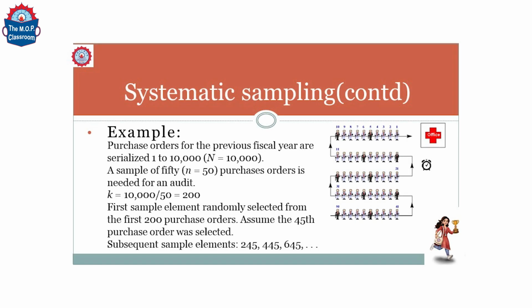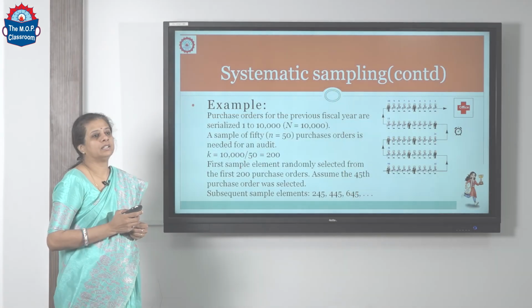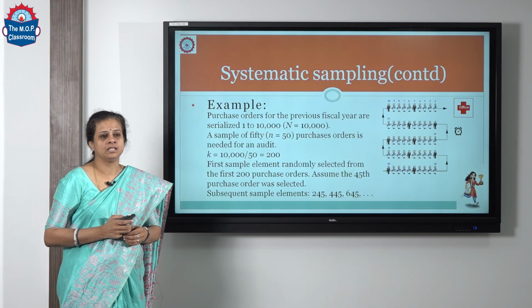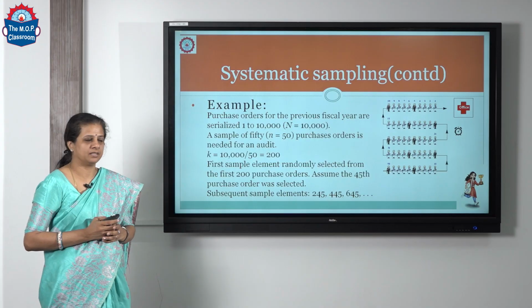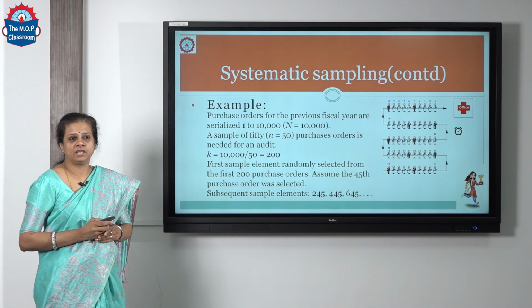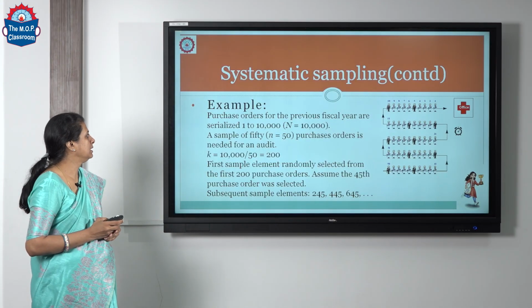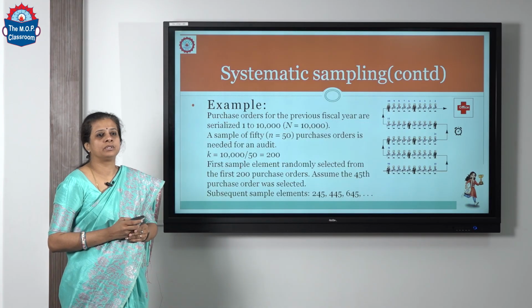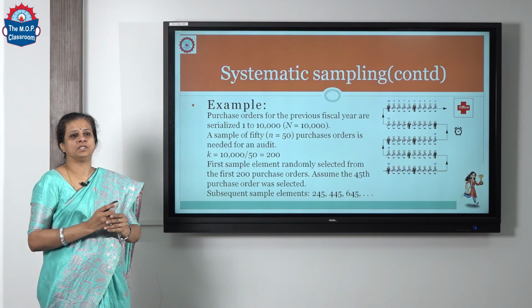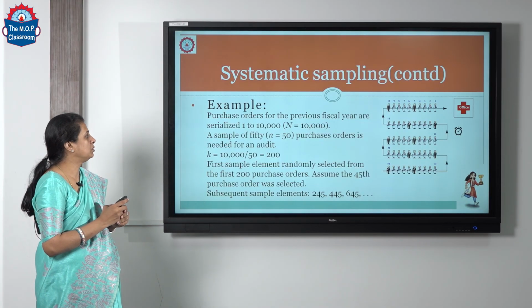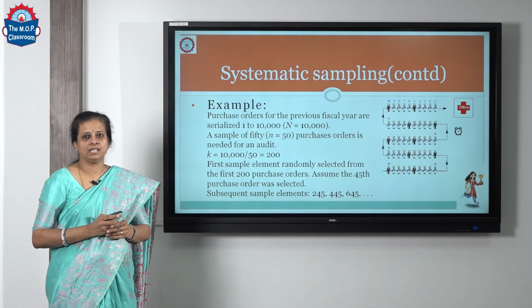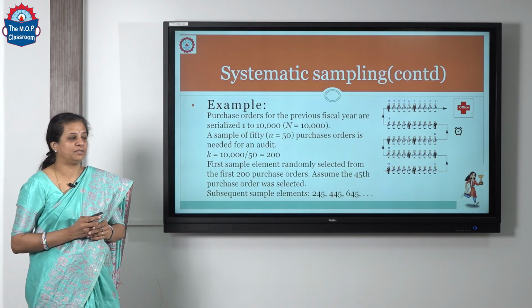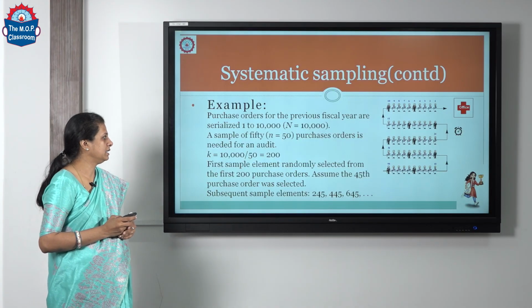I would like to narrate using an example. Suppose an auditor wants to check the purchase orders, wherein the number of orders for a year is around 10,000. So here the population size N is 10,000. He intends to look at a random 50 purchase orders, so small n is 50. Now to find k, it is 10,000 divided by 50, that is 200.